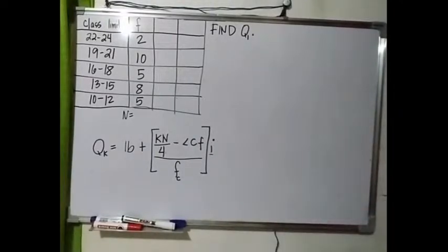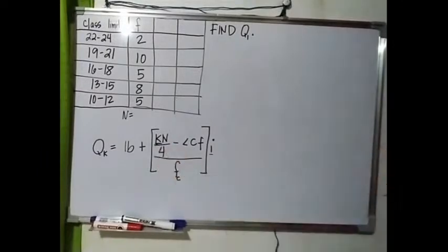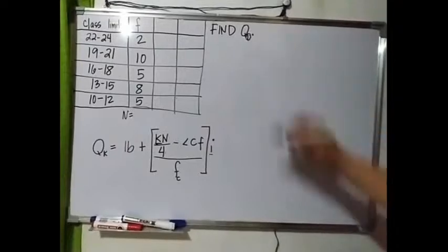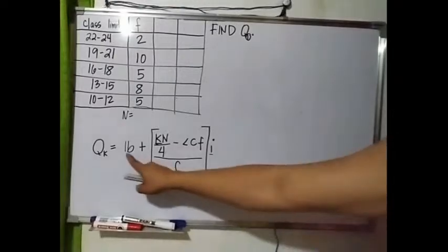So let's find out kung ano yung value ng K. Kung ano yung given ng quartile, yan ang value ng K. Okay, so the value of k is ito 1. So quartile 1.